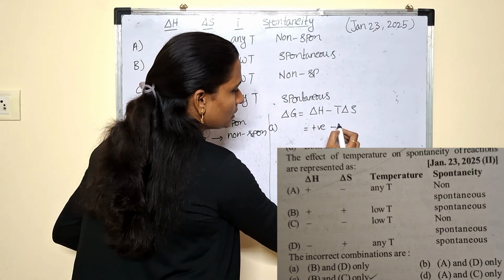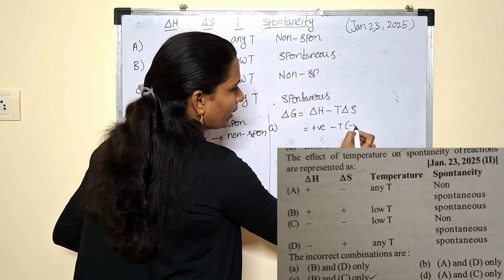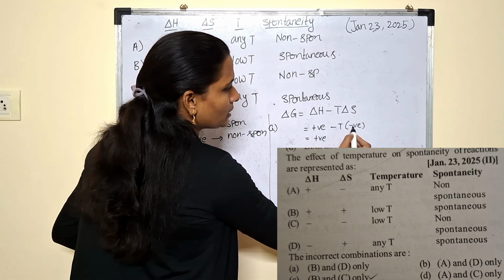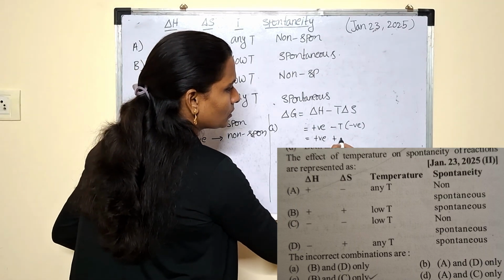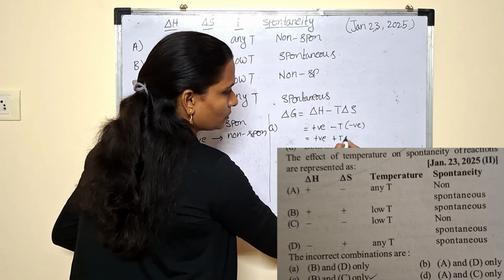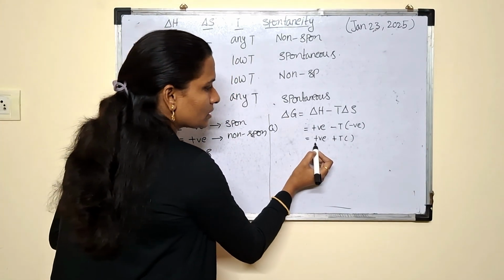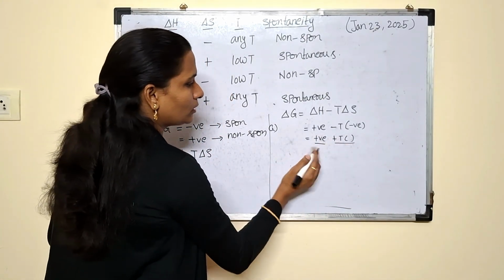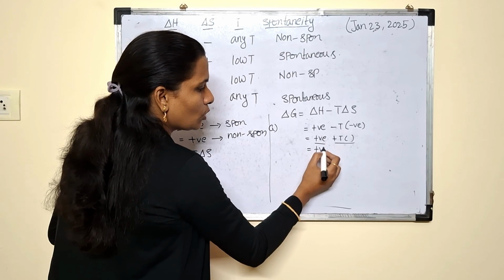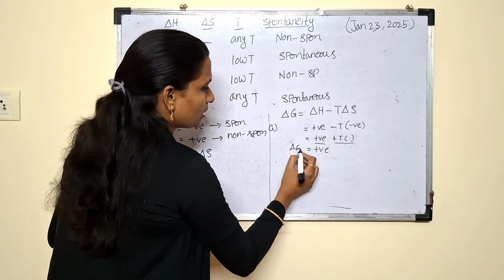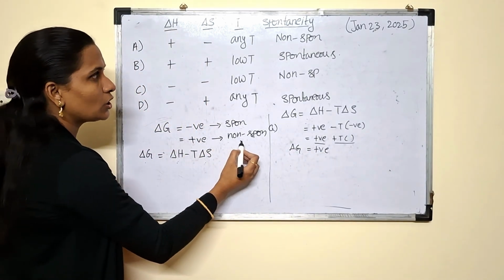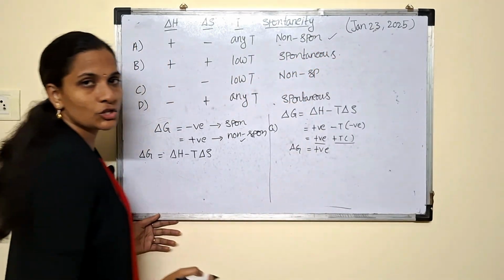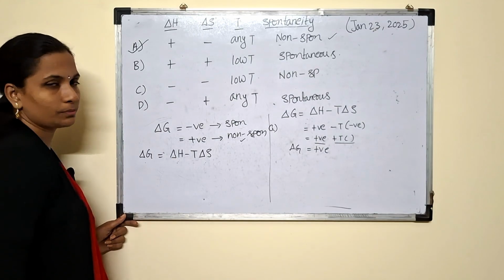So this is minus T times delta S, and delta S is negative, so minus of minus is a plus. Temperature and delta S have some value, so this is a positive value, and the total is positive. So delta G is positive, which means a non-spontaneous reaction. They also gave non-spontaneous only, so A is a correct statement.